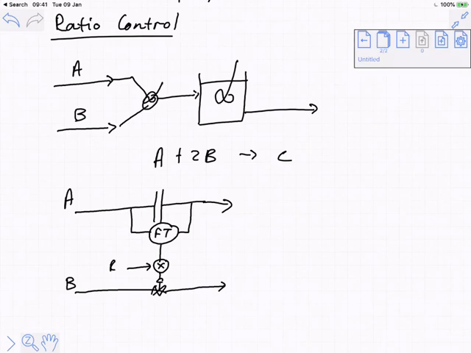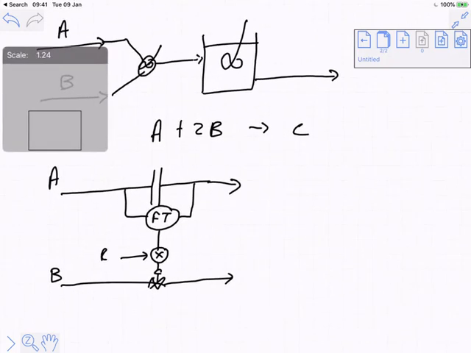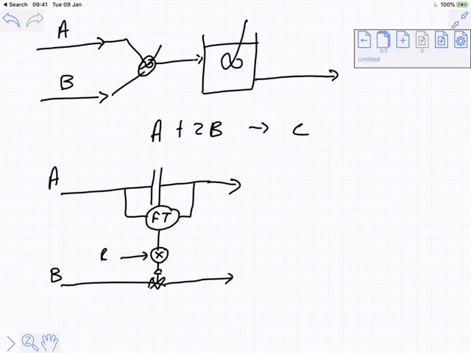But this is a very mechanically simple setup. When I say mechanically simple, it has a small number of components. In fact, it has the minimal number of final control elements. In other words, we are using exactly one valve. We are using exactly one flow measurement. And with the diagram that I've drawn here, we are using a very small number of computational units.